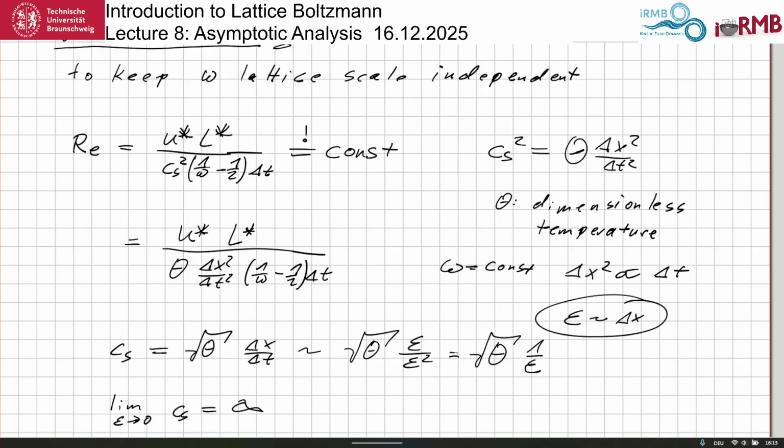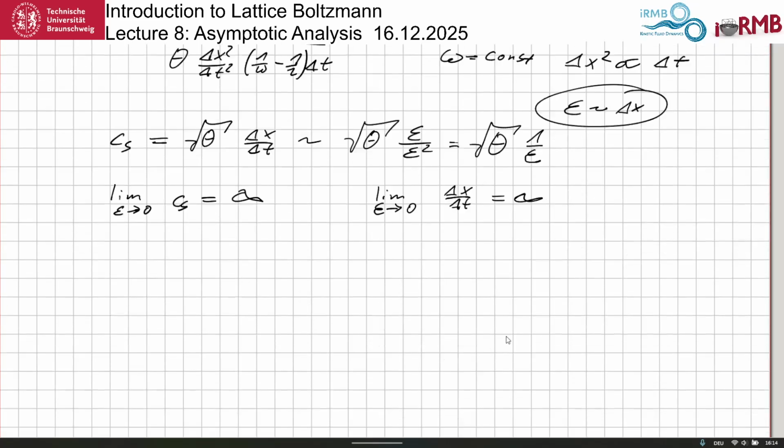And of course also in the limit epsilon going to 0, delta x by delta t, so the lattice speed, is also infinity. If your speed of sound and your lattice speed are infinity in the limit, then your velocity is small compared to that infinity, and therefore we have convergence.